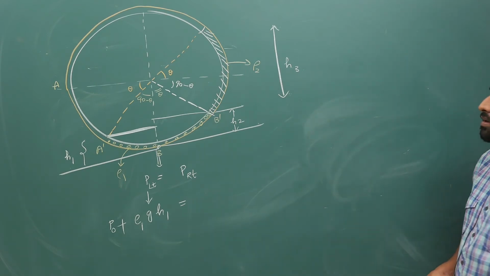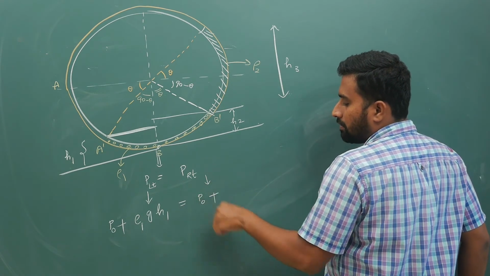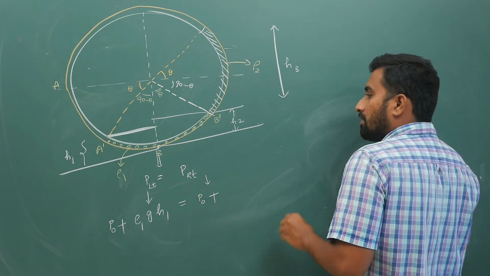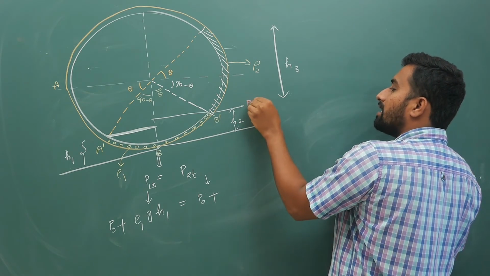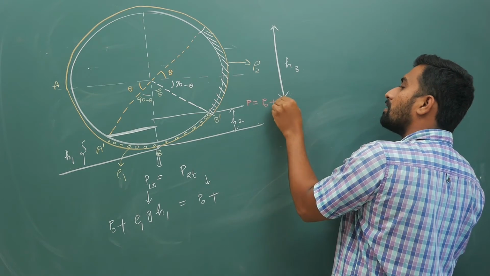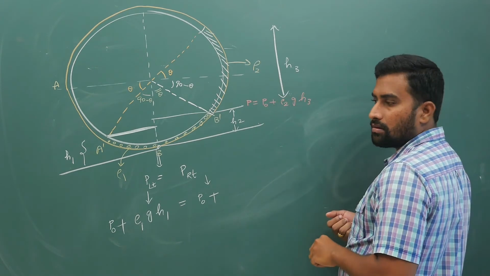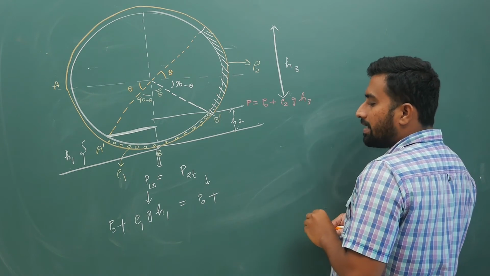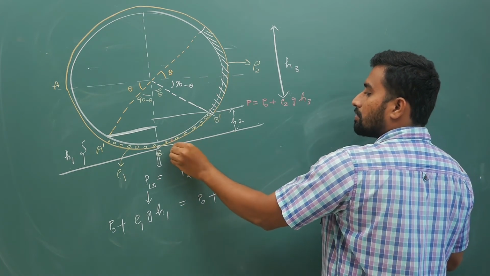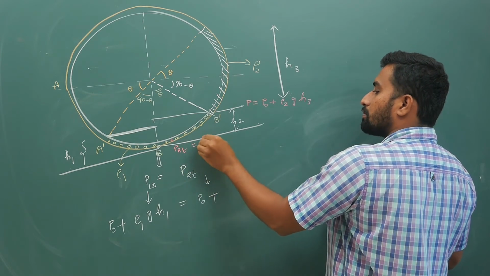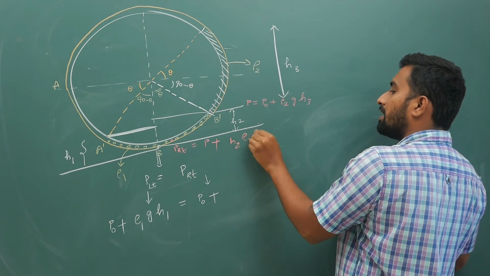Now from right side, it is P0 plus, till this point if you take P dash, your P dash is P0 plus ρ2 g h3. Your pressure at right is P dash plus h2 into ρ1 into g.